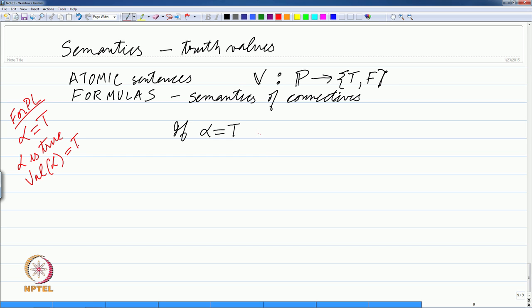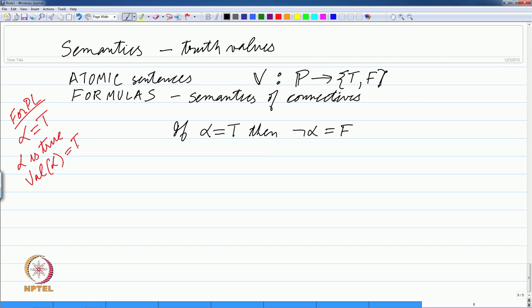So, if alpha is equal to true, then not alpha is equal to false. So, this gives us how to arrive at a truth value of a sentence which is made up using the negation sign essentially.